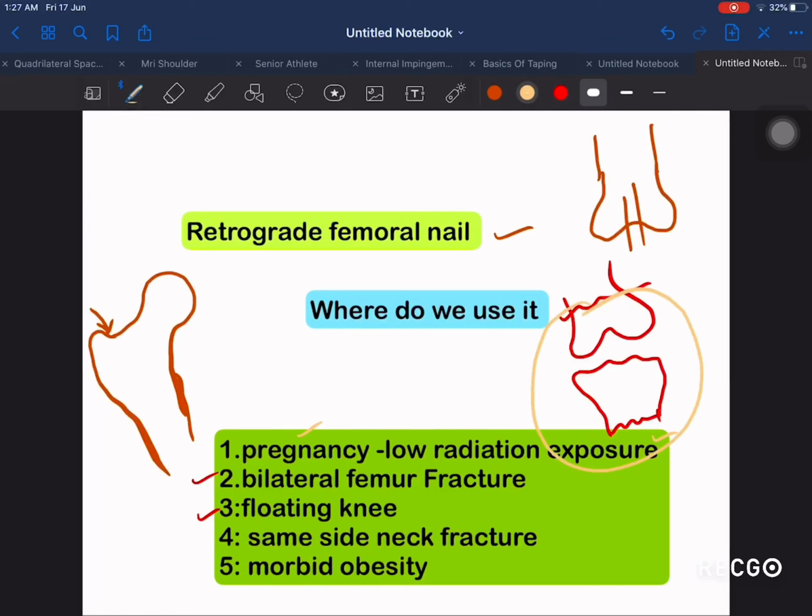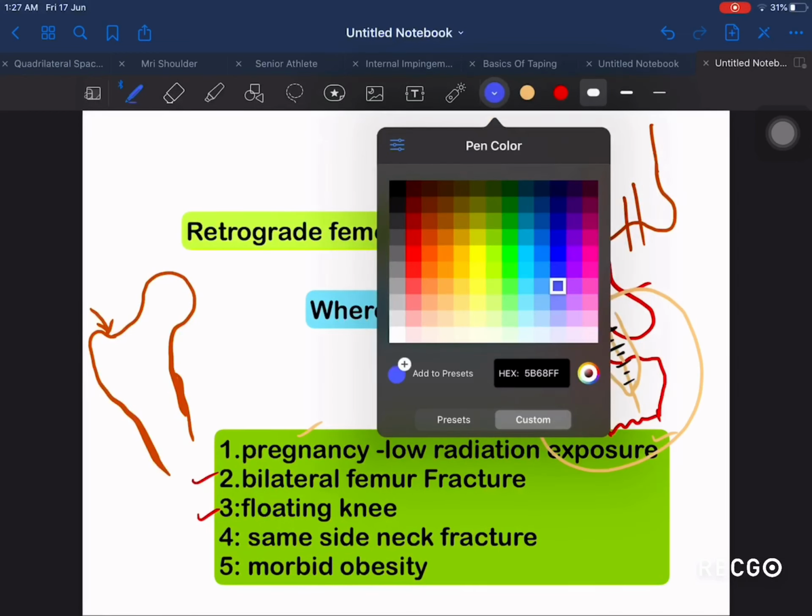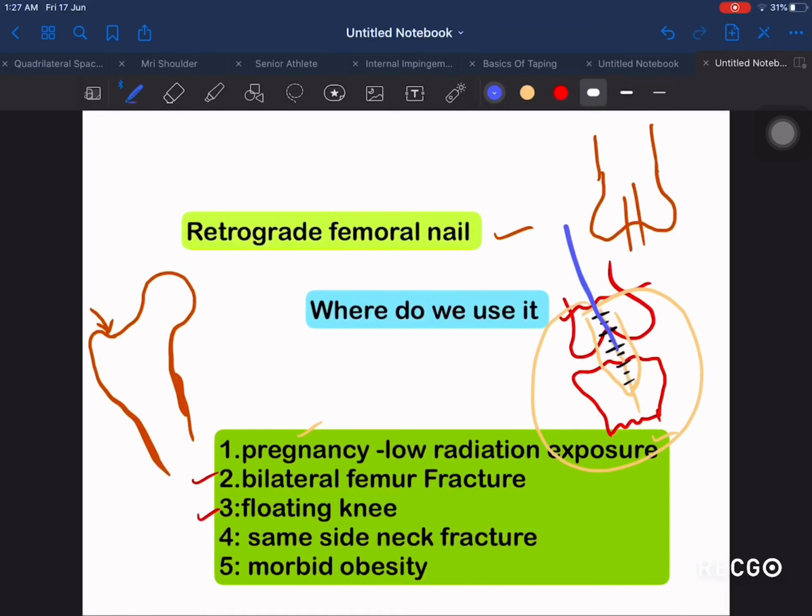So what we can do, with the same incision over here, this is how we mark the incision. With the same incision, we can put the nail here and we can put the nail here.